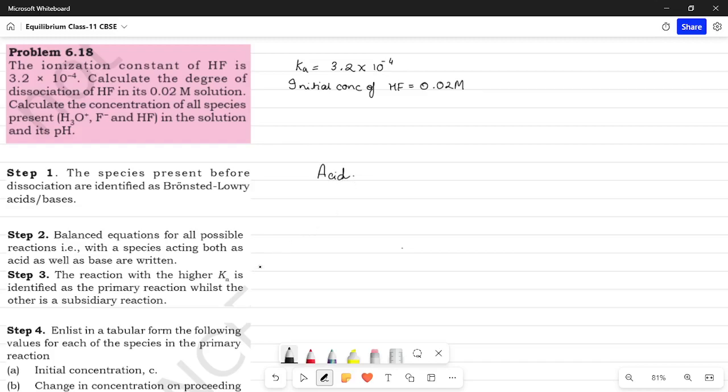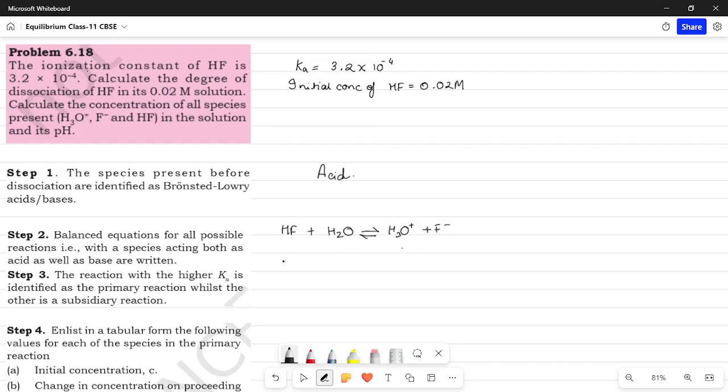The next thing we need to do is write the balanced equations for all possible reactions. So you have two reactions which are possible. First is HF plus H2O in equilibrium with H3O plus and F minus.